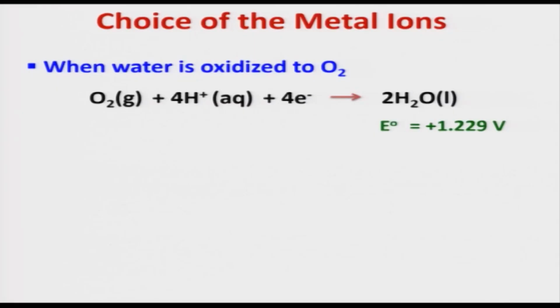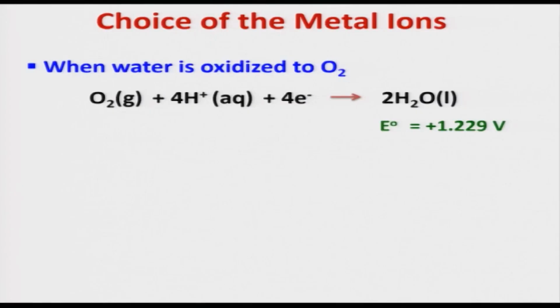So, any redox couple can be used which does not oxidize water to oxygen, and the potential required to oxidize water is plus 1.229 volt. The reaction is shown over here, O2 plus 4H plus 4 electrons gives rise to water with a redox potential of plus 1.229 volt. And if any redox couple has a potential more than that, it will oxidize water to oxygen. We will discuss it soon.